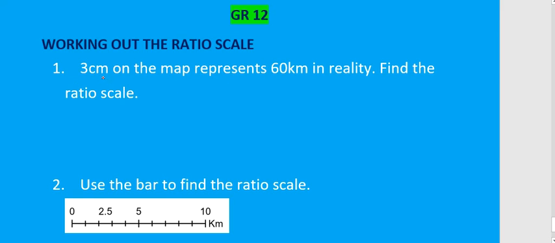If we are given distances, here we're given that 3 centimeters on the map represents 60,000 kilometers in reality. And you are expected to find the scale for those distances. And then, of course, you must first write it out in ratio form. So you have 3 centimeters representing 60 kilometers.